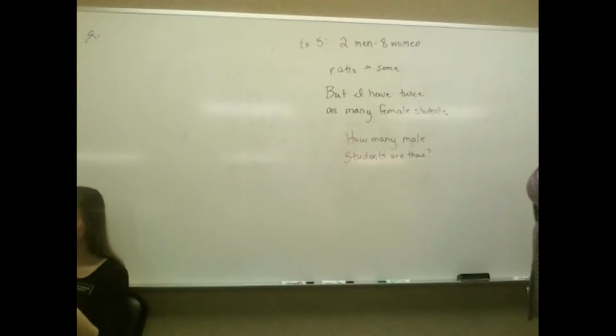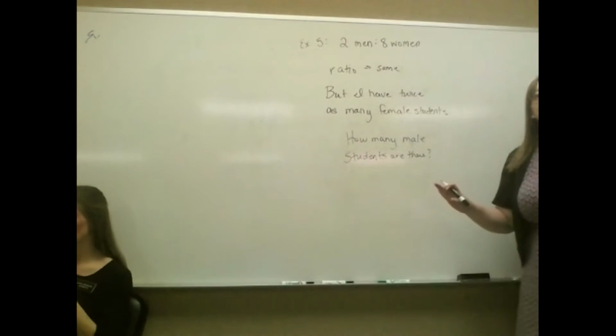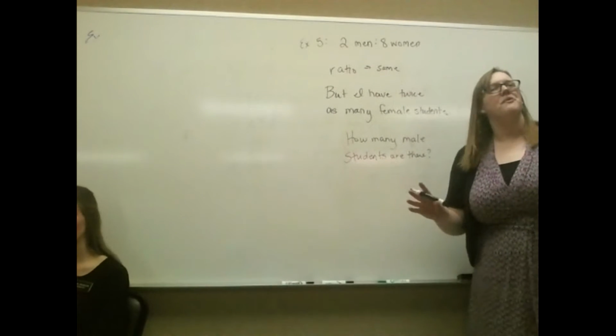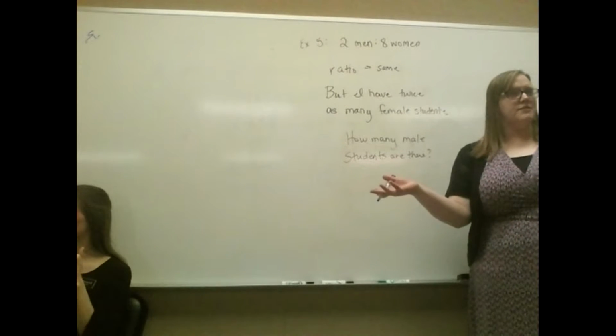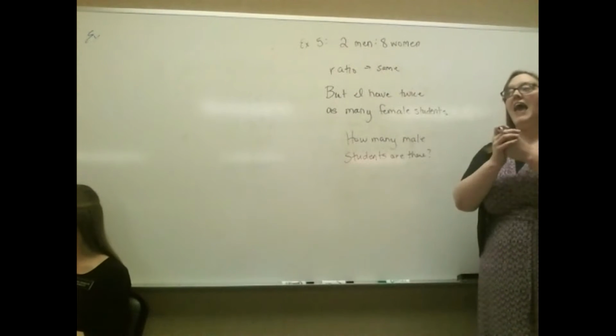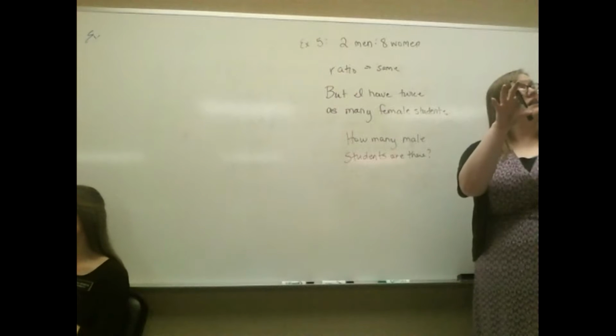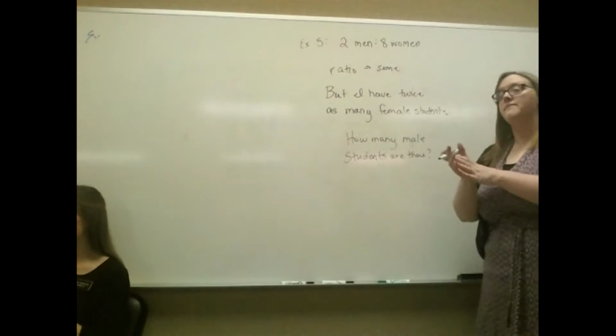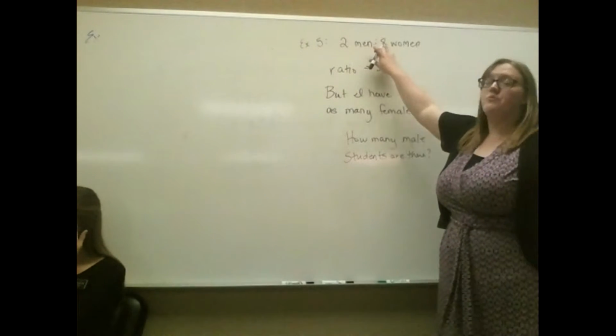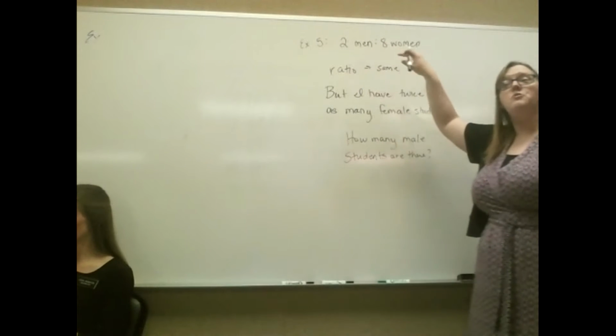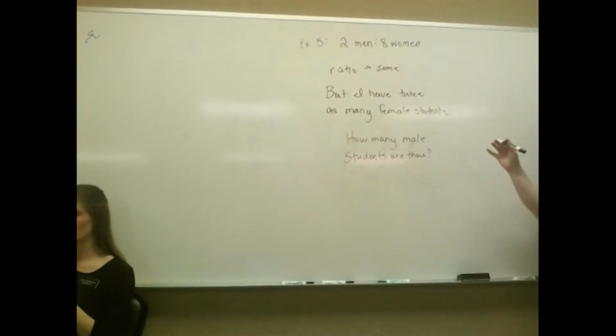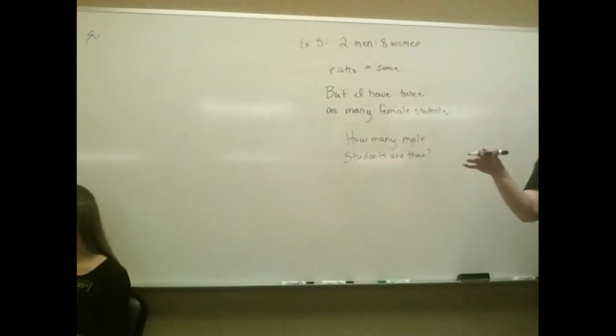All right, so how you want to do this is you want to set up equivalent ratios like we just did, except you're going to have an X that takes up the spot of the thing we're looking for. All right, so we know the original ratio we're given is 2 men to 8 women. For brevity purposes, I'm just going to use the numbers only.